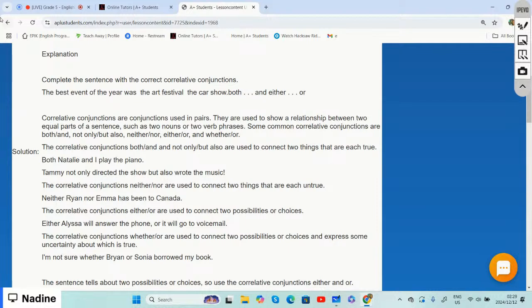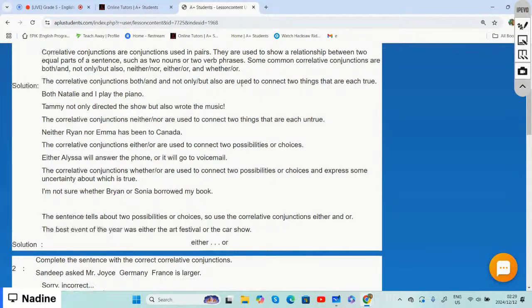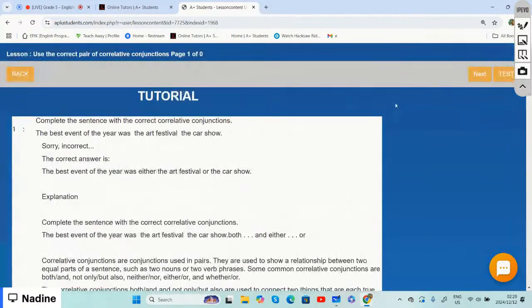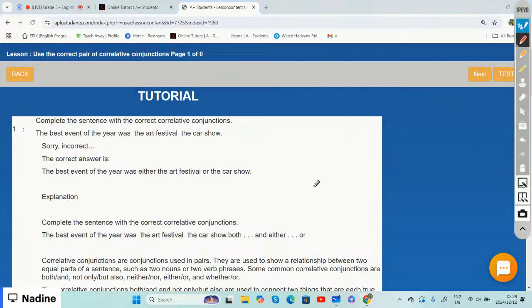All right. And when it comes to the correlative conjunctions, we need to show the relationship between the two equal parts, either by saying it is this or it is that. And if we look at the sentence, it says the best event of this year was, and we need to choose the correct word.